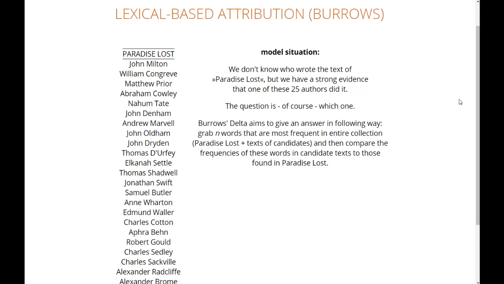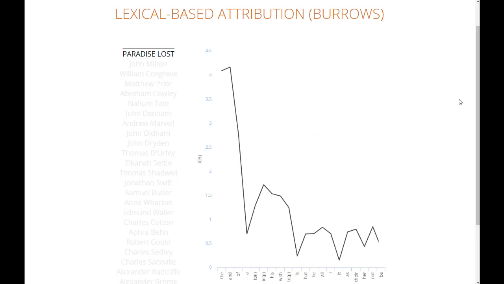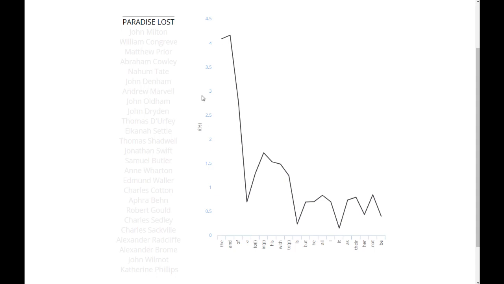So far, it doesn't differ from Tarlinskaya. The thing is how Burrows deals with comparing the entire set, not the individual values. So these are the values of the 20 most frequent words in Paradise Lost. No, sorry. That's why the peak is over here. This is sorted by the frequency in the entire collection.